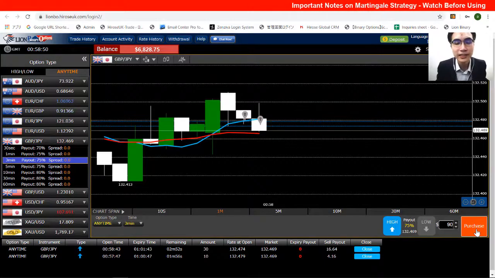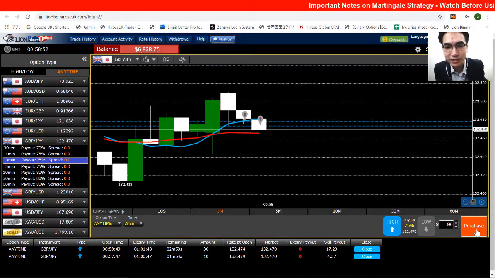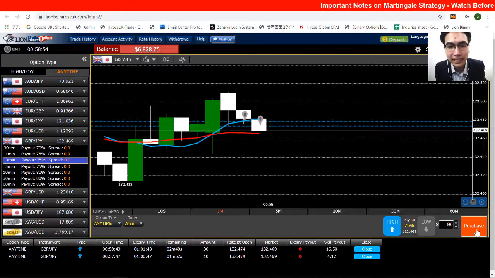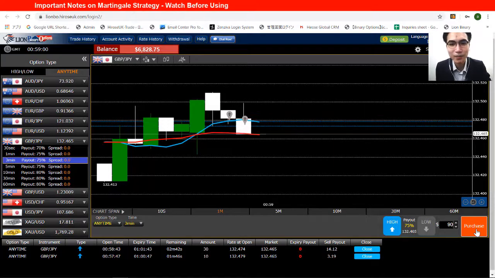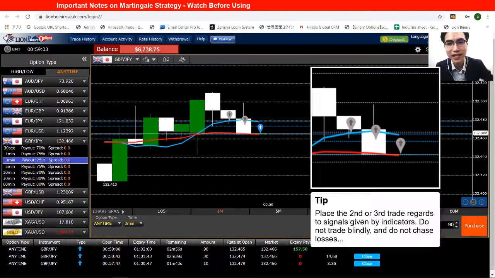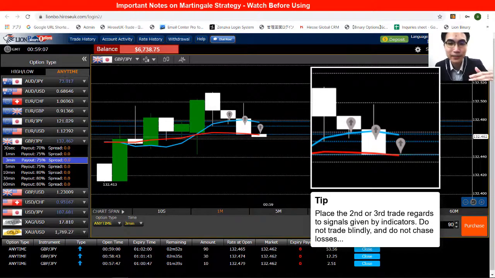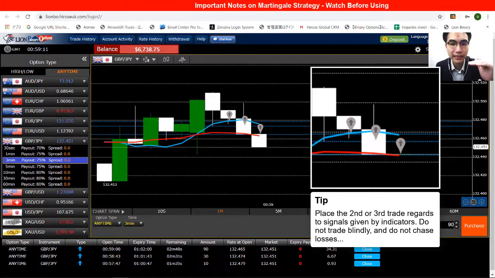Just now I placed a second trade here with $30, and the price is still going down, so I guess I will place the third trade. Yep, I will place the third trade here. As you see here, the blue line is still on top of the red line, which is a bullish indication according to the moving average.